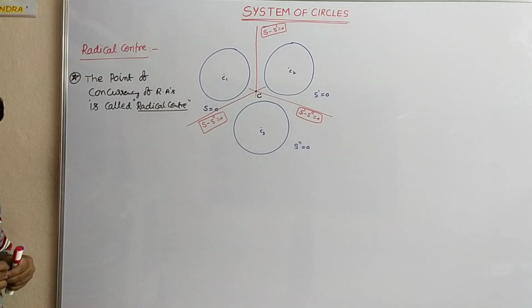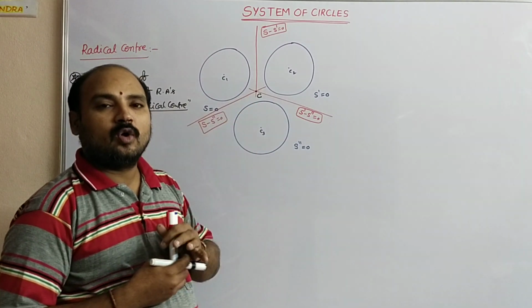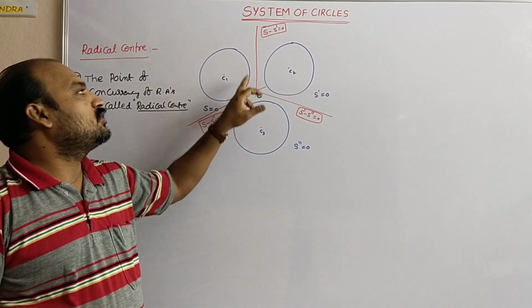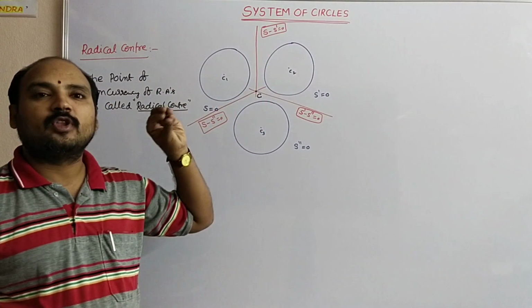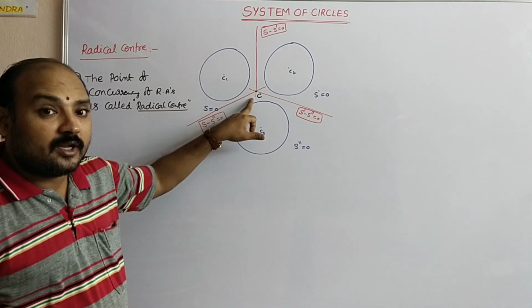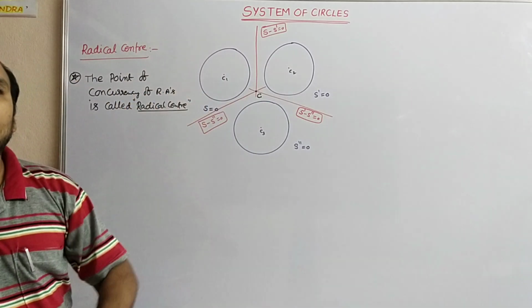After that, from the radical center, find the length of tangent to the circles. It should be equal. The length of tangent from the radical center to any of the circles is equal.